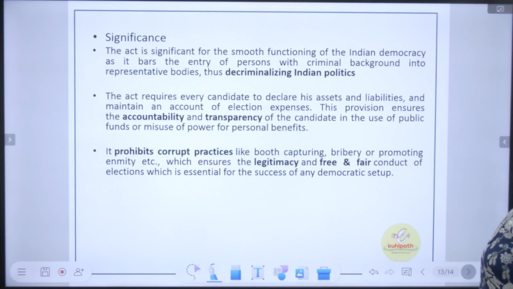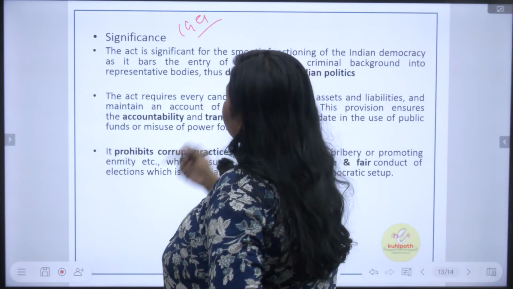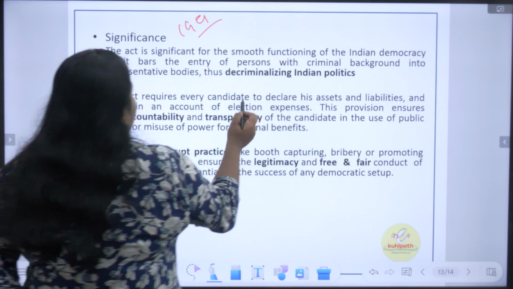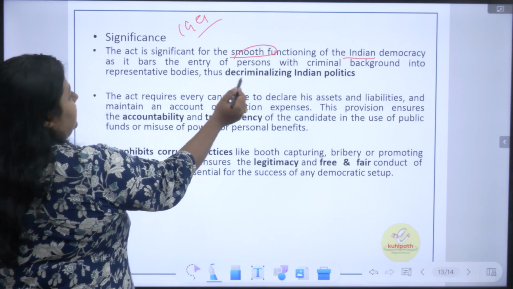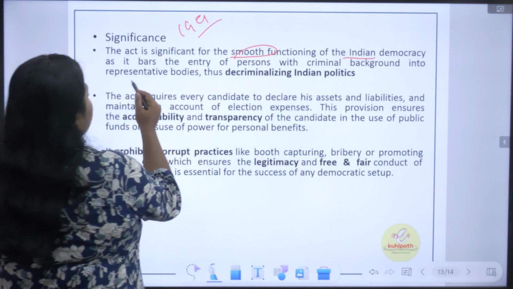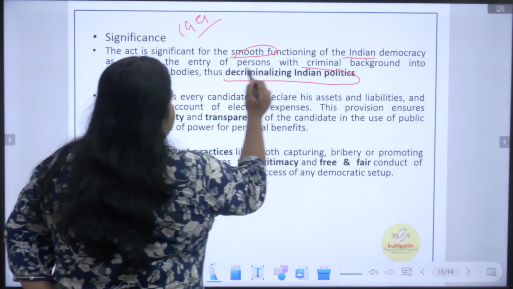Fine, okay. Now let us see what the significance of the 1951 act is. The act is significant for the smooth functioning of the Indian democracy and it bars the entry of persons with criminal background in representative bodies, thus decriminalizing Indian politics.